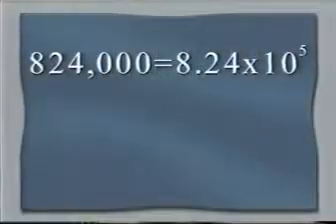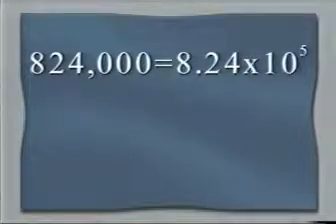Scientific notation takes advantage of the fact that our place value system is based on powers of 10. For example, the number 824,000, which is a fairly large number, can be written simply in scientific notation as 8.24 times 10 to the 5th.